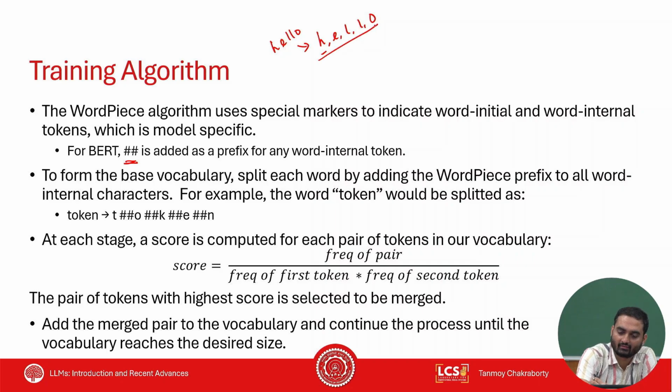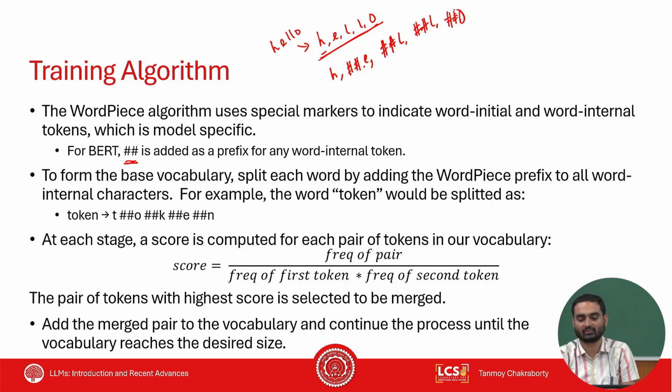So here the word HELLO will be split in this way: H, comma, double hash E, comma, double hash L, comma, double hash L, comma, double hash O. The double hash is a prefix. This indicates that the token is an internal token, not the beginning of a word. Okay, so similarly the word token will be split into T, comma, double hash O, double hash K, double hash E, double hash N.